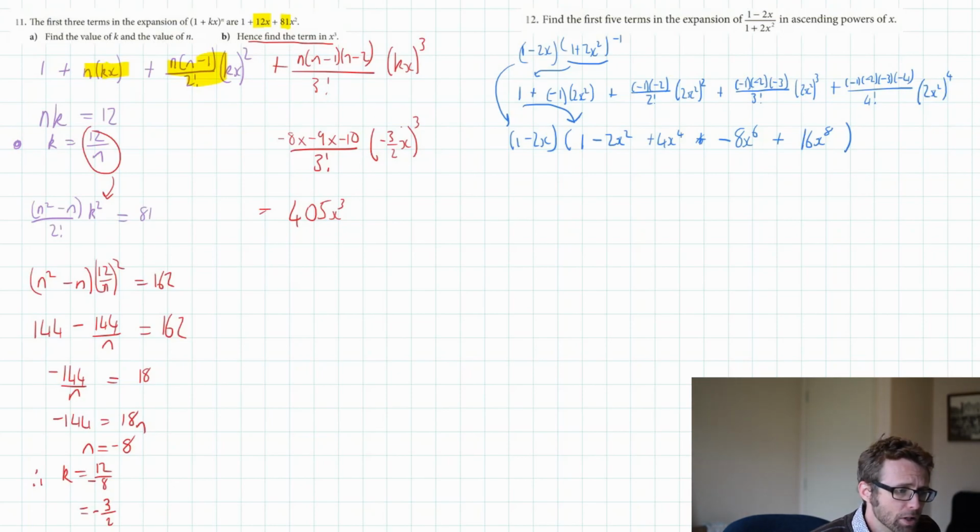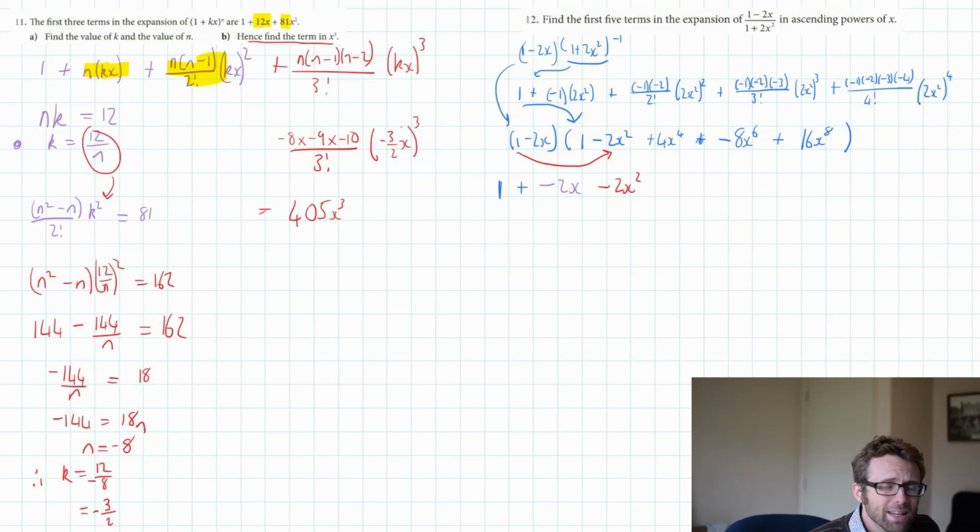Right, now we're wanting the first 5 terms in this expansion. Well, our first term is going to be 1 times 1, which is 1. Our second term is going to be an x term, right? And we get that by multiplying this and this. There's no other way that we can get an x term, so it'll be minus 2x. And then our next term, is there a way of getting an x squared term? Yes, there is. It's going to be this by this. And it seems to me that there's no other way that we can get this, so I should have minus 2x squared.